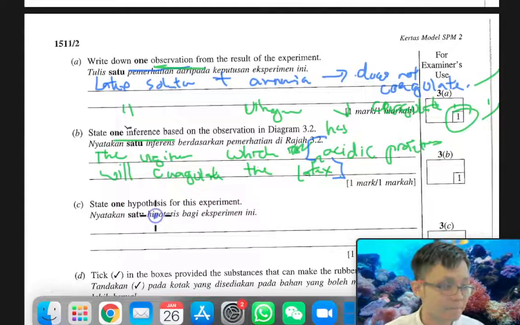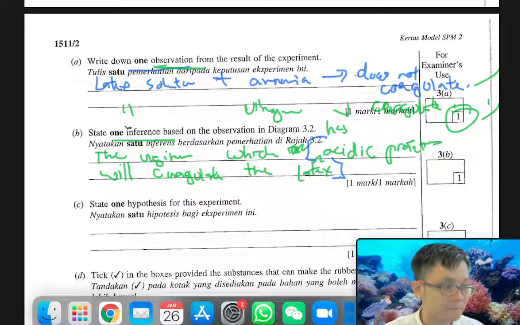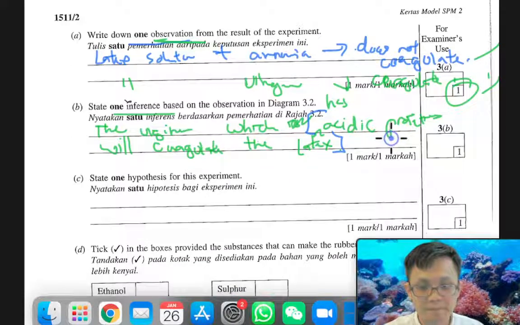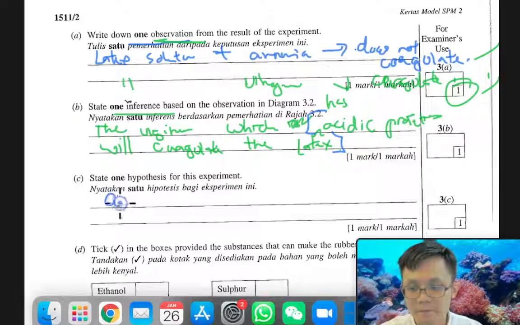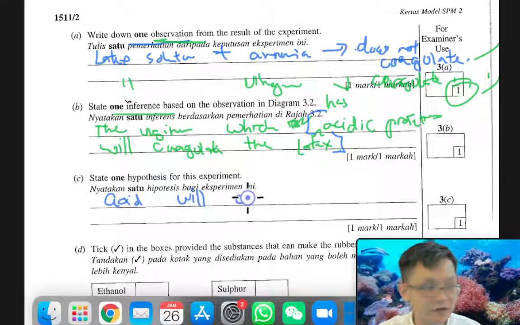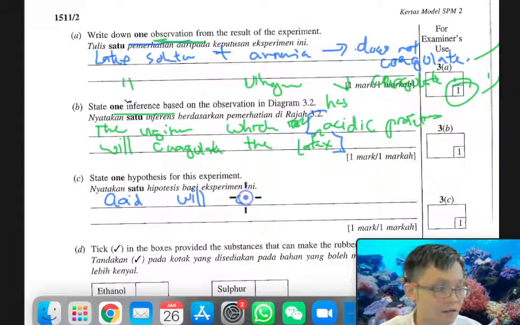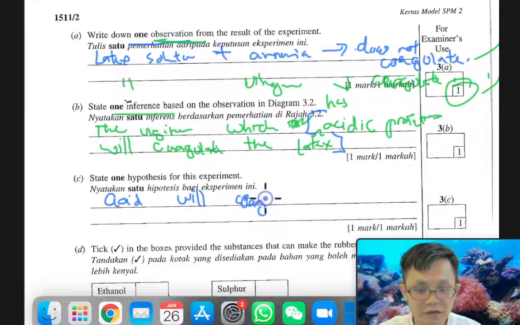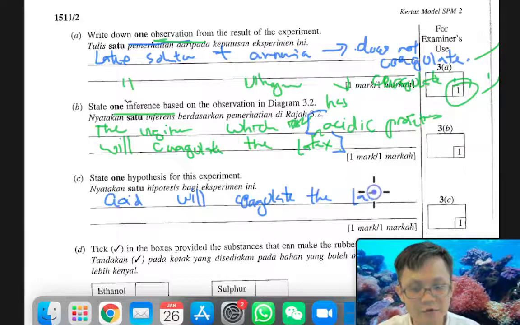Okay, but of course the hypothesis is different. What is the hypothesis for this experiment? Acid will cause coagulation in latex. Okay, acid will coagulate the latex, and then one more.